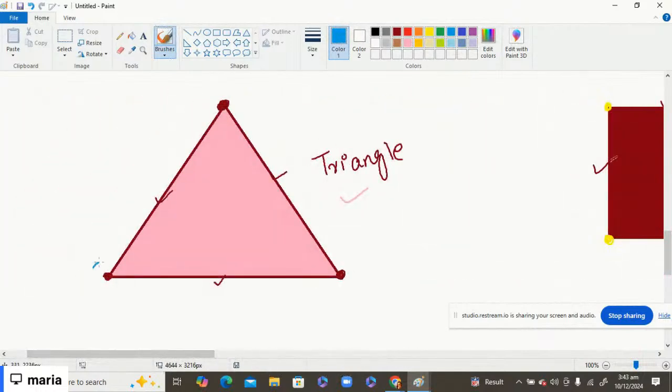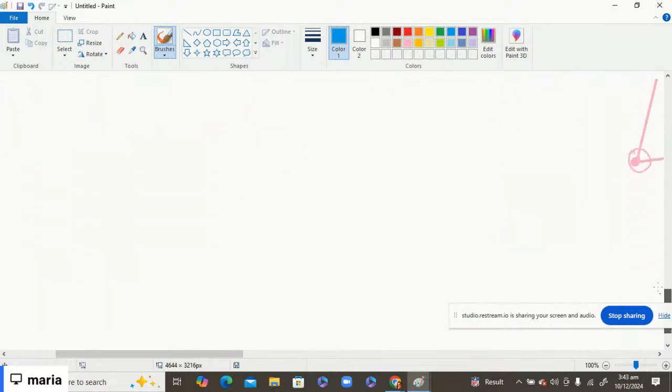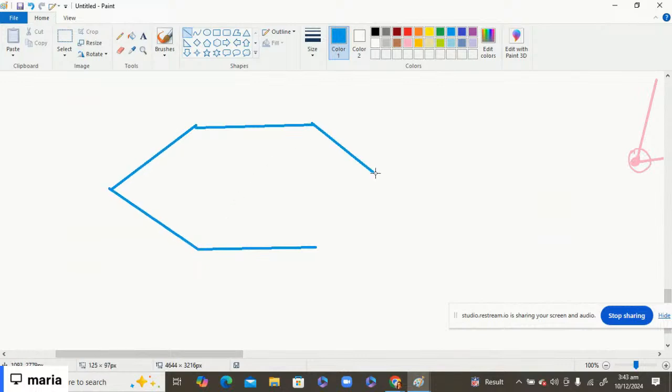Then we discuss their vertices in the second lesson and how many sides they have. Vertices and the sides of that, we check how many lines meet with each other and then it makes their vertices. For example, if these two lines meet and this is their meeting point, we can say that this is a vertex. And if your shape is this one, then you guys tell me how many sides.